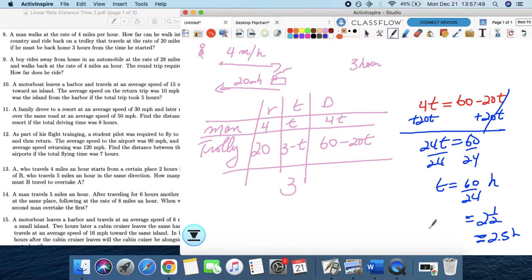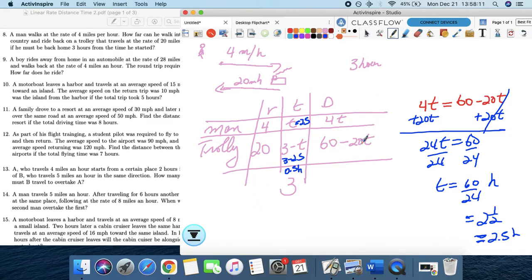So that's the time. Going back here, t is 2.5, so the time spent walking was 2.5 hours, which means the time on the trolley is only 0.5 of an hour.